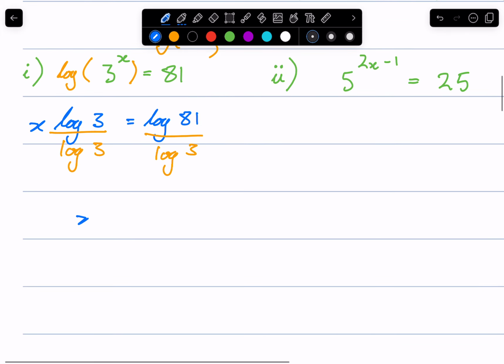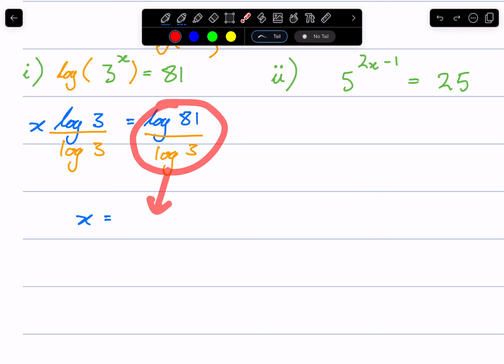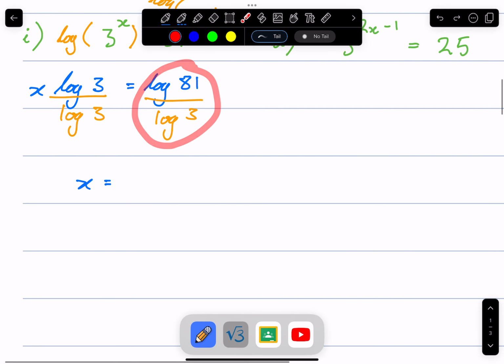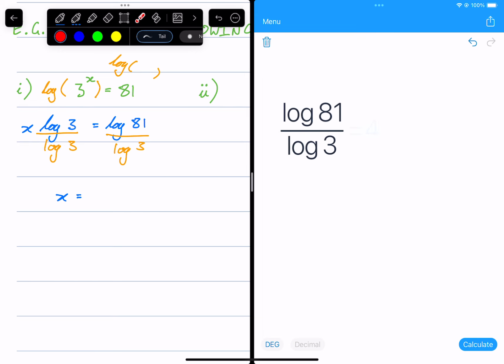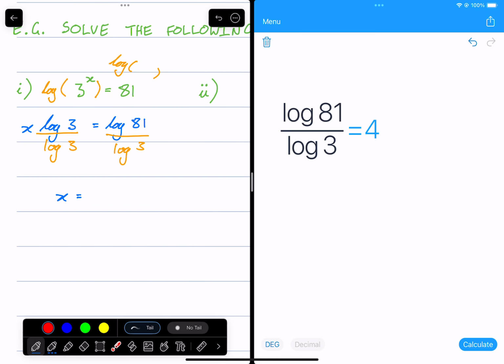And this will get us x is equal to log 81 over log of 3. From here we just take the input of this in our calculator. So log 81 over log of 3. And as you can see here, x is equal to 4.